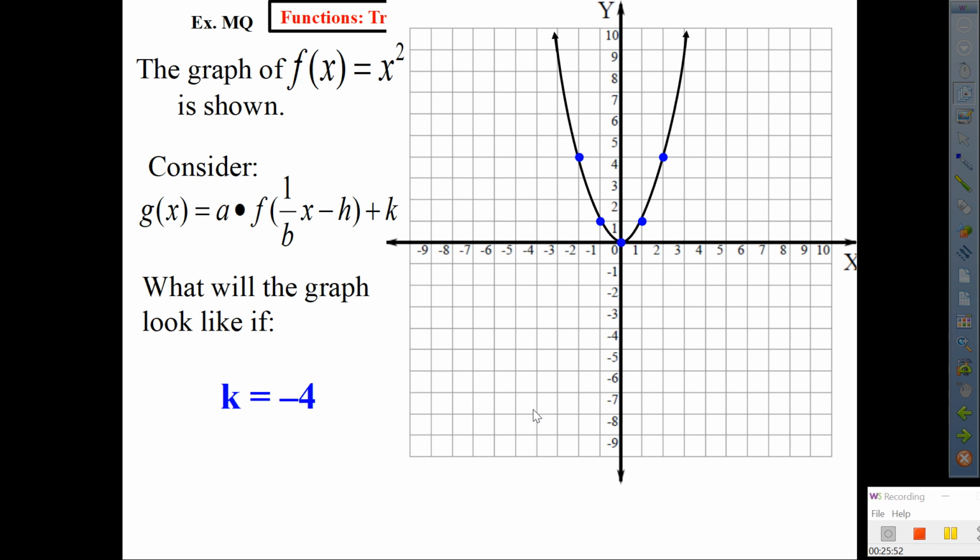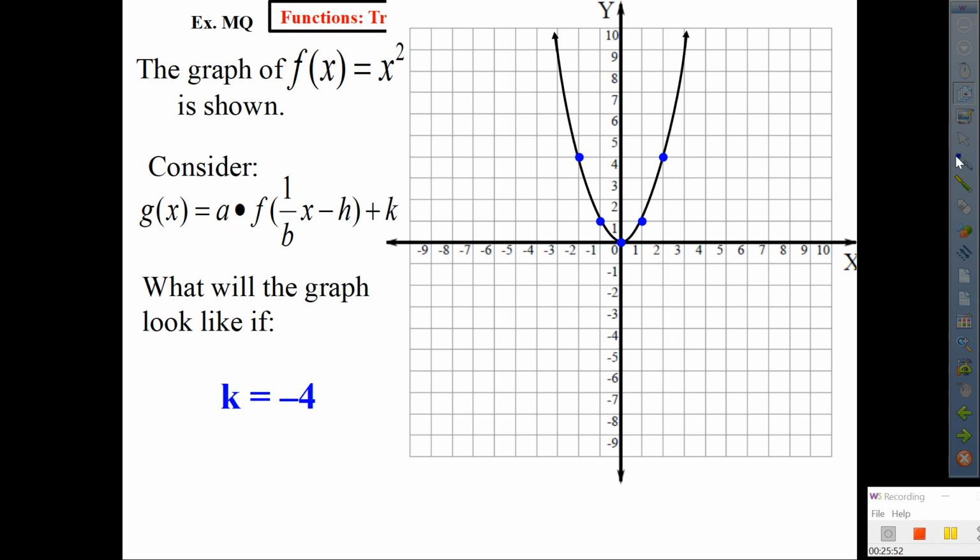Discuss with me all the different transformations for that. Go. All right, let's get started with this one.